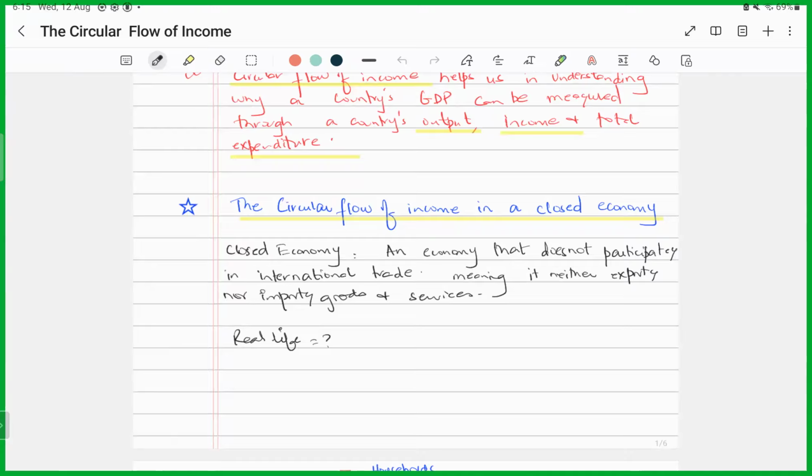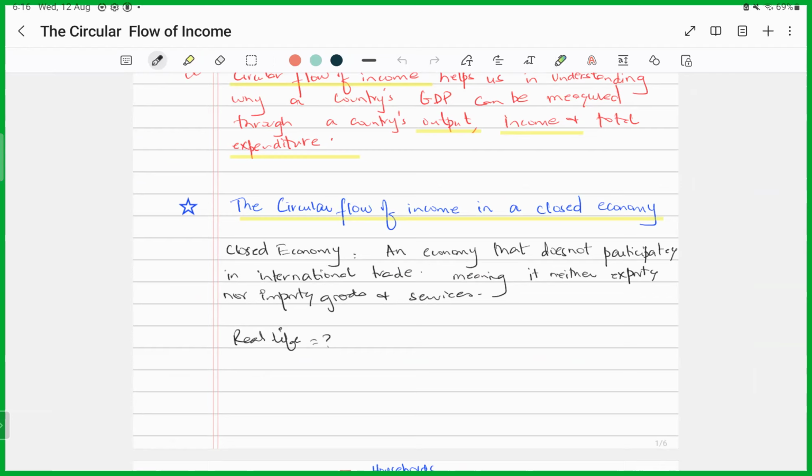So, for our basic understanding of the circular flow of income, we have tried to depict this situation in which an economy is a closed economy. So, what are we taking it as? An economy which does not participate in international trade. So, what does that mean?